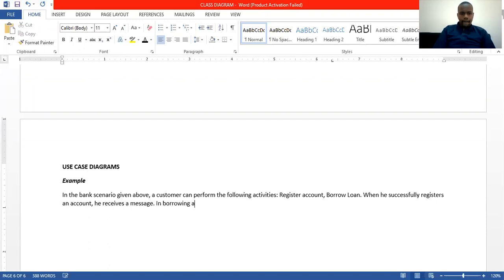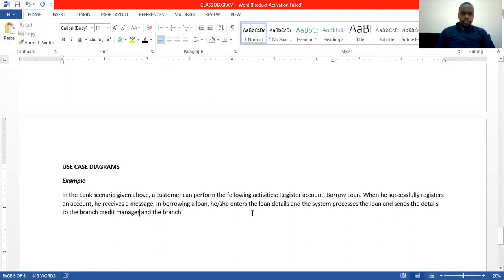In borrowing a loan, he or she enters loan details, the system processes the loan and sends the details to the branch credit manager, the branch credit officer, and the branch manager who can verify the loan.